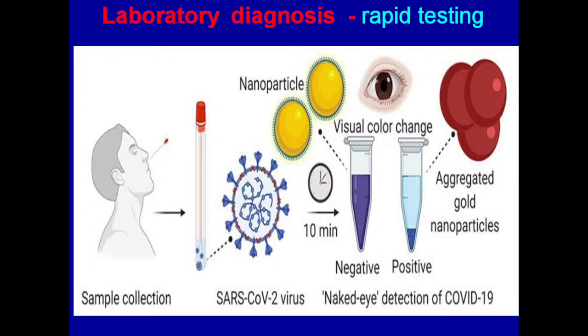This is rapid testing. If SARS coronavirus is there, within 10 minutes we would see the visual color change, if the nanoparticles are produced with the help of the reactives. So we may see naked eye detection.